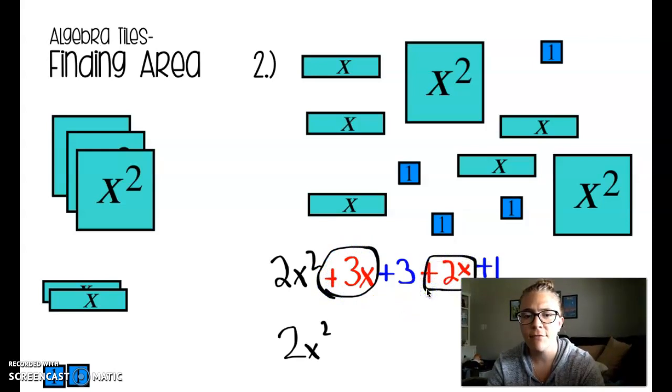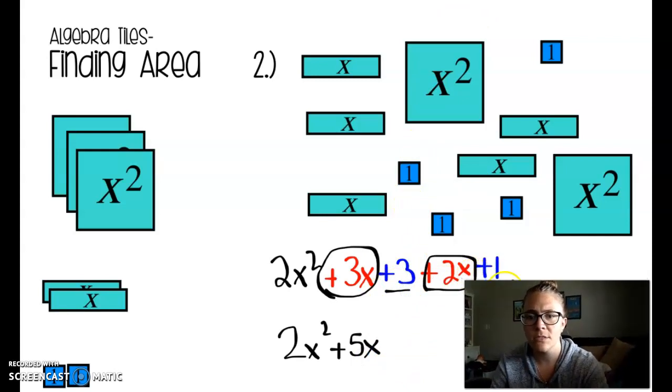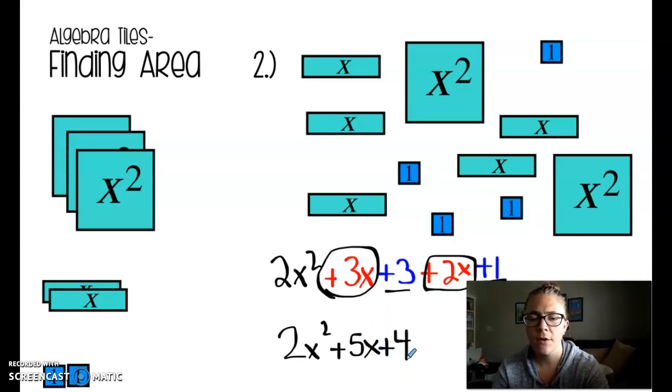So if I have 3x plus 2x, I'm going to have a total of 5x tiles, which I can see from my picture is true. And then I also have my ones tiles here and my ones tiles right here as well, for a total of 4 ones tiles. All right, you want to double check your answer.